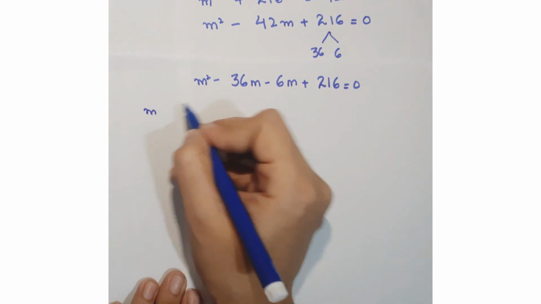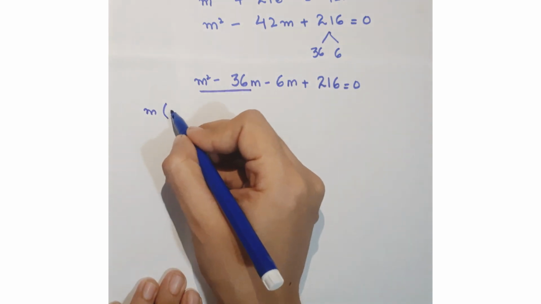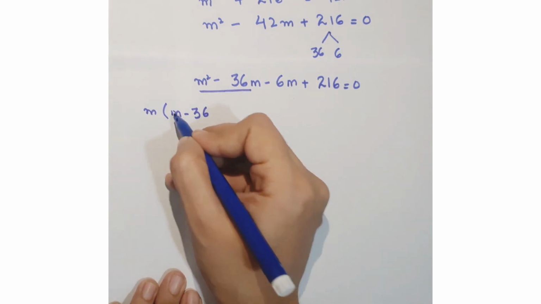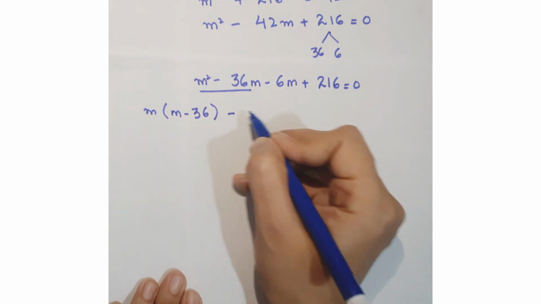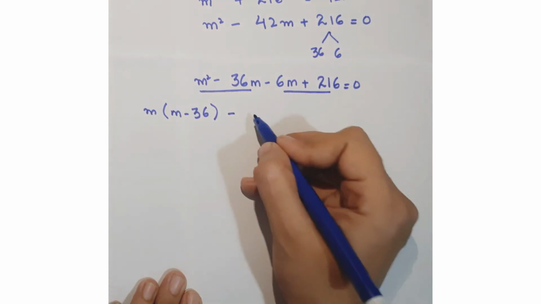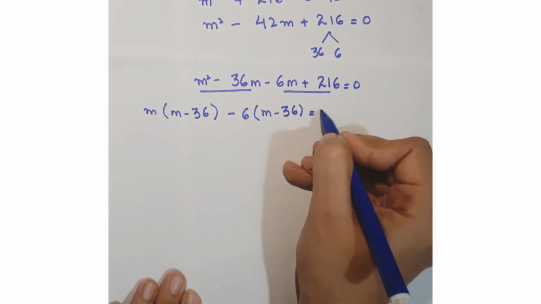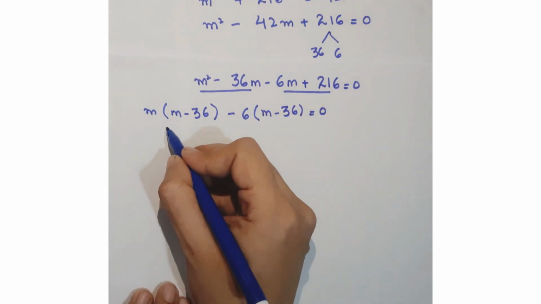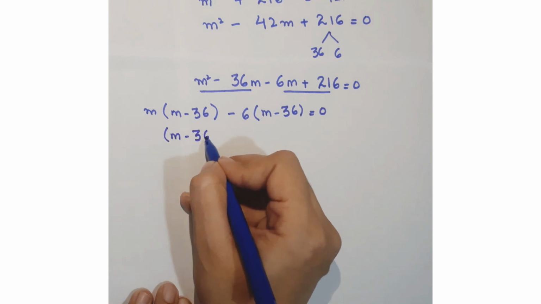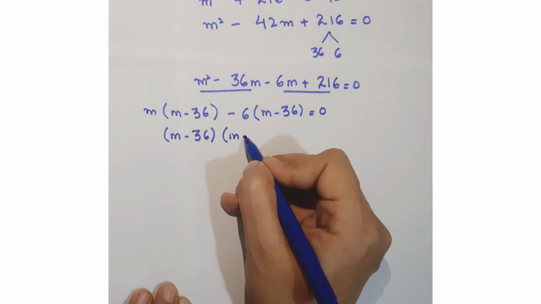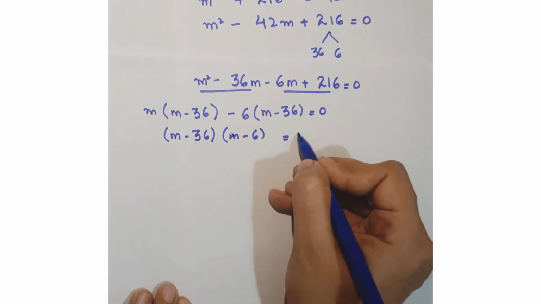Now take out m common out of these two terms. You get m minus 36 inside the bracket minus, just take out 6 common, so you will get m minus 36 is equal to 0. Now this implies that m minus 36 and then m minus 6 is equal to 0.